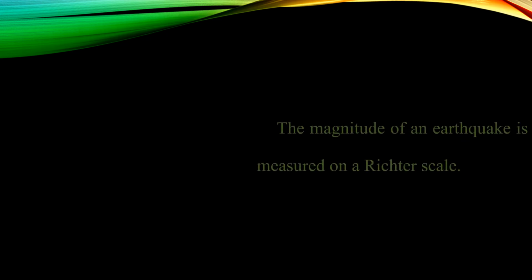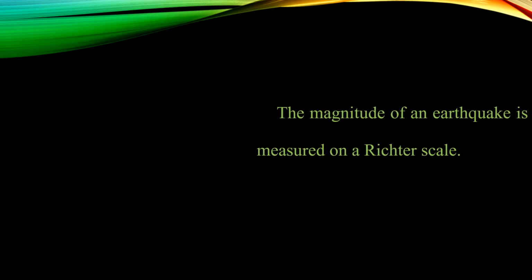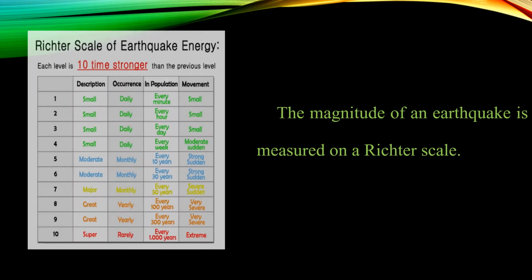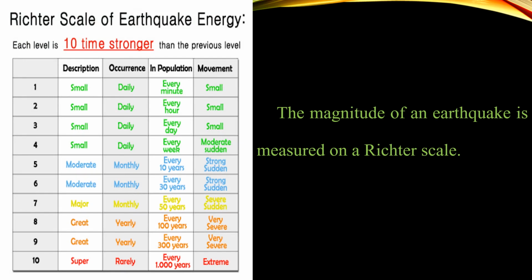Children, the magnitude or intensity of an earthquake is measured by the Richter scale, which was developed by Charles F. Richter, a US seismologist, in 1935. The Richter scale is not a linear scale.